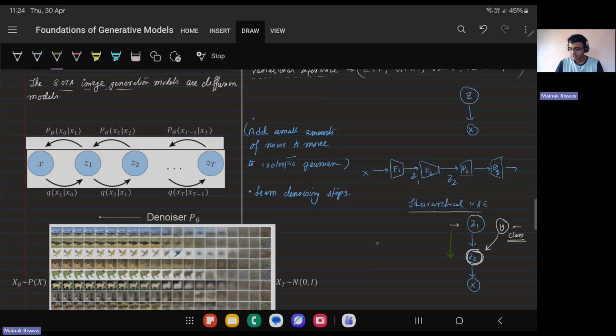So multiple latents arranged hierarchically to explain the data.